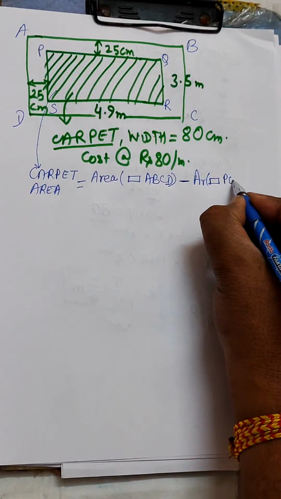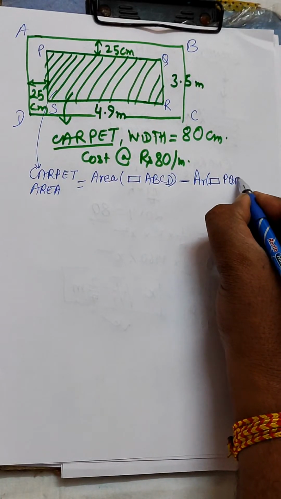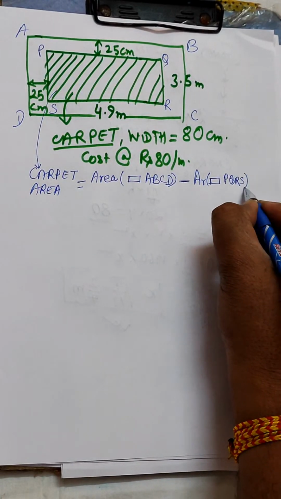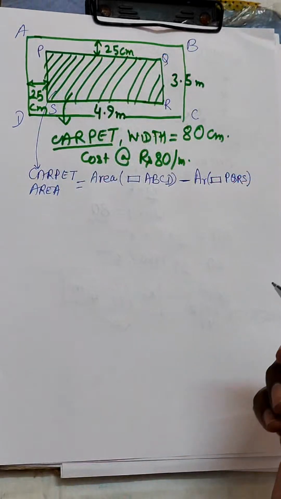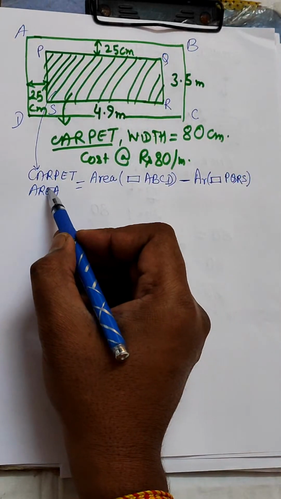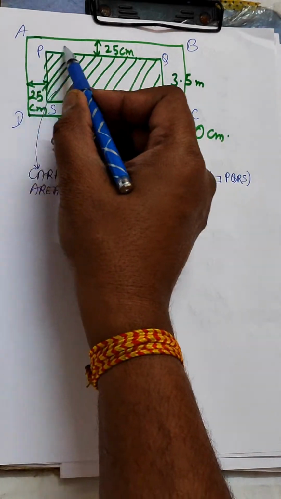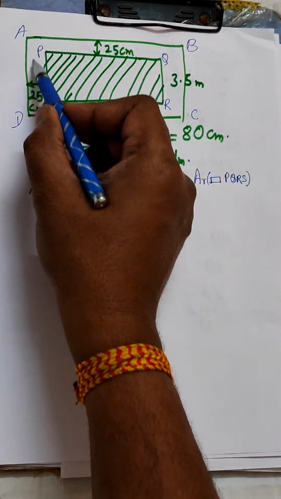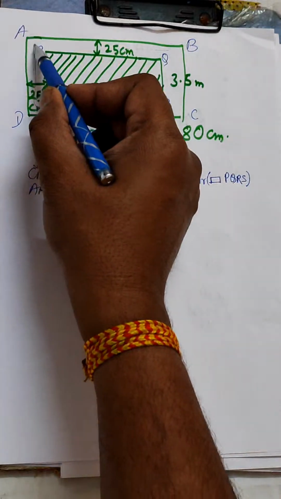That means if this minus this is subtracted, this will not give you the carpet area, this will give you the balance area which is left outside.